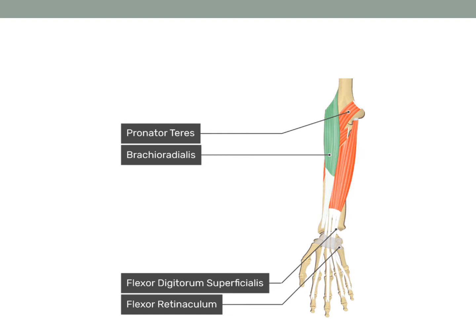The muscle that lies behind the brachioradialis is the pronator teres, and that action deals with pronation, and also deals with the flexion of the elbow. It helps with the brachioradialis. The origin is the humeral shaft near medial epicondyle and the coronoid process of the ulna, and the insertion is the lateral surface of the radial shaft.